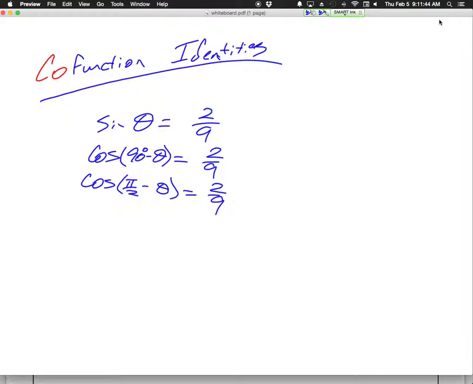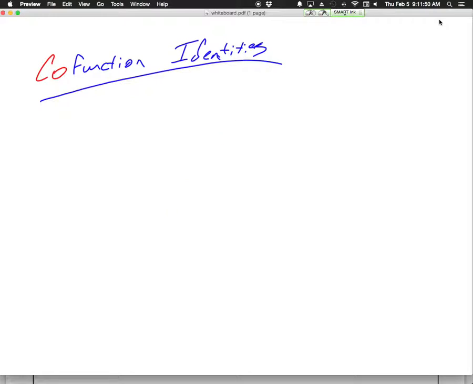So, let's write these down. Sine of theta is going to equal cosine of what? 90 minus theta, let's use pi over 2 minus theta.